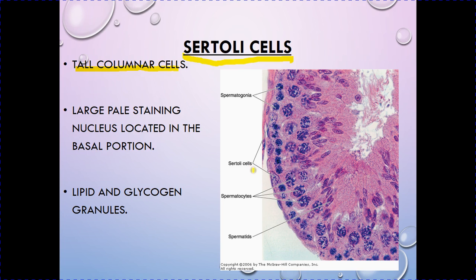So see the figure, these are the Sertoli cells. They are tall columnar cells interposed between the spermatogenic cells. They have a large pale staining nucleus located in their basal portion, and their apical portion is filled with lipid and glycogen granules.